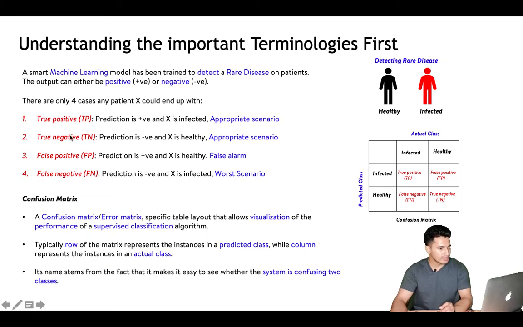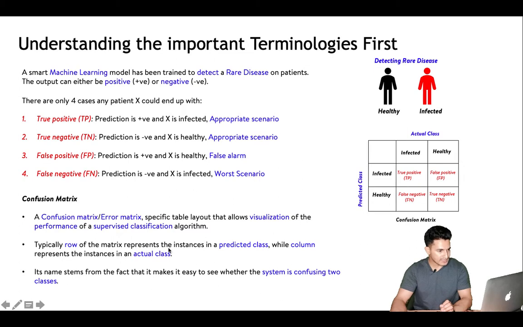A better way to represent this information is the confusion matrix. A confusion matrix or error matrix looks something like this. It is a specific table layout that allows visualization of the performance of a classification algorithm. Typically, the row represents the predicted class, that is the model's prediction, and the column represents the actual class.